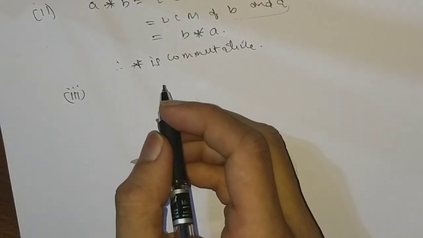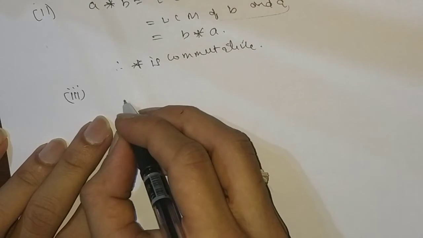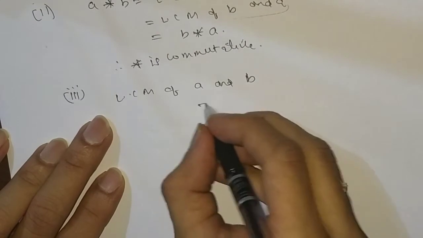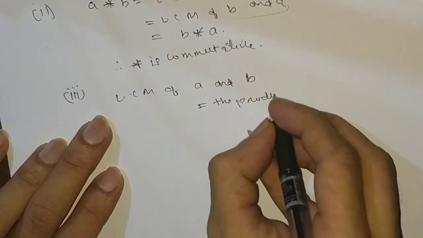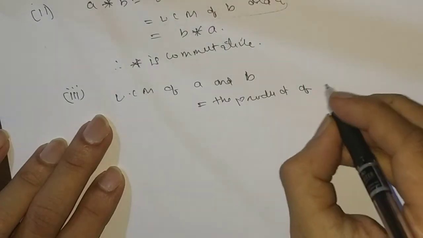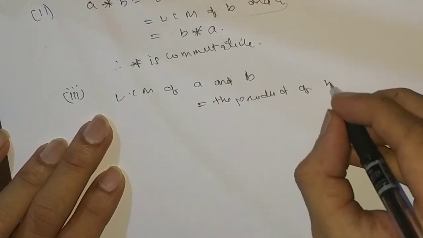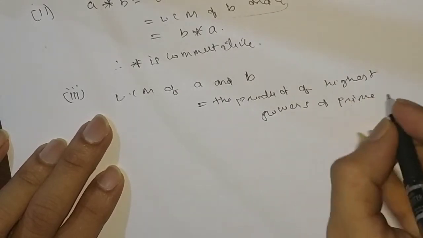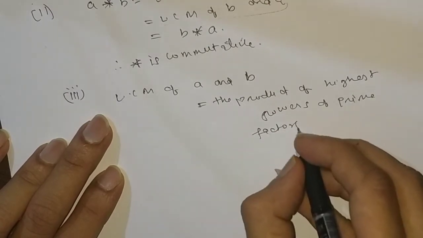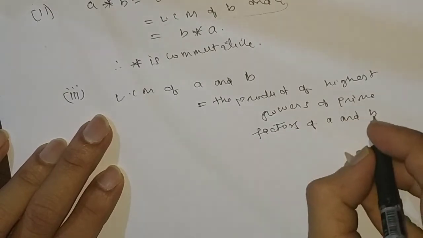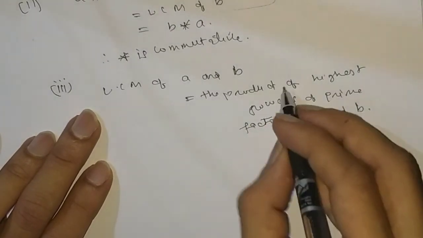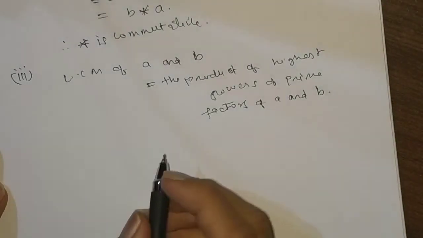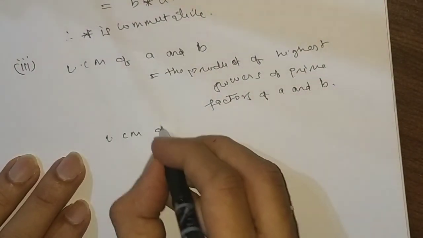Now you have studied one definition of LCM in 10th standard, right? That is, the LCM of A and B is nothing but the product of the highest powers of prime factors of A and B. This you have studied in 10th standard, right?